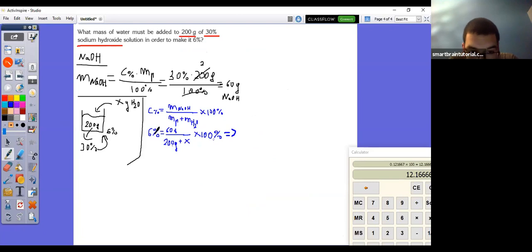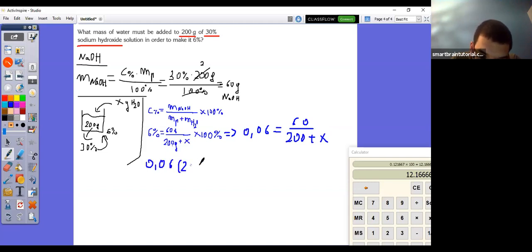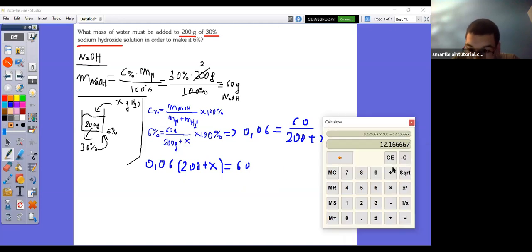6%, I will simplify 6 with 100%. This will be 0.06 equal to 60 over 200 plus x. So 0.06 times (200 plus x) is equal to 60.